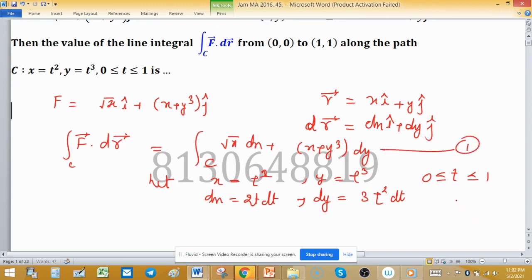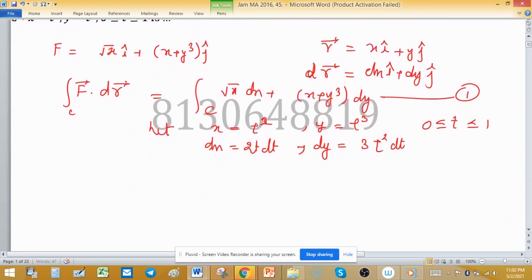Because curve C is parameterized in terms of t, the limit of t is 0 to 1, and this will be 2t square dt plus t square plus t raised to the power 9 times 3t square dt.